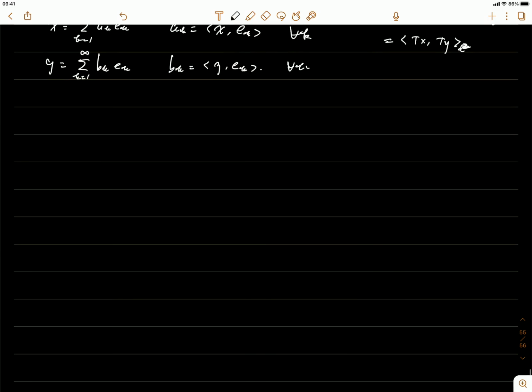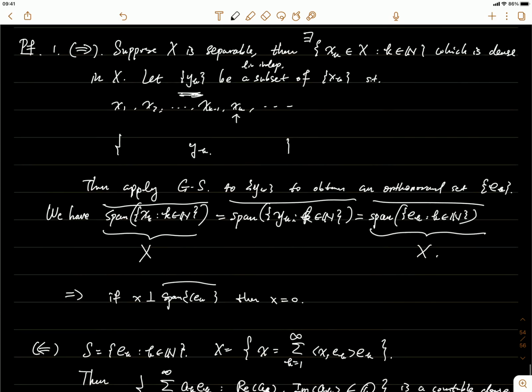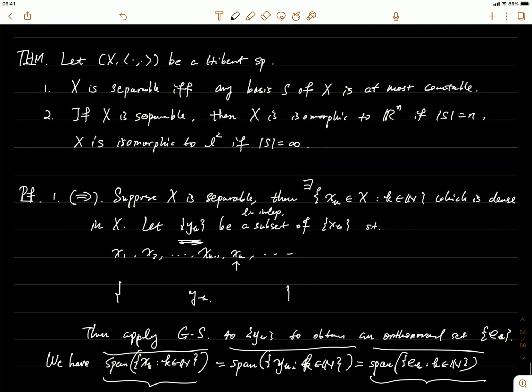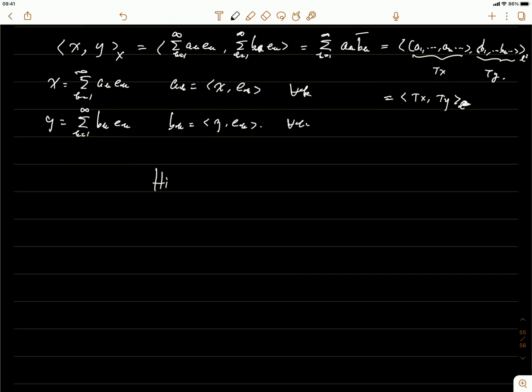So you can see the structure is getting pretty clear for Hilbert space. Because the inner product is defined, we can have three possible cases.